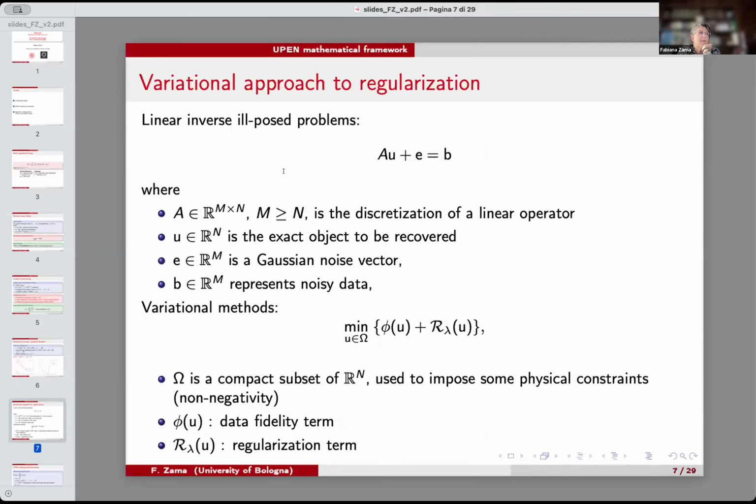So I represent these problems in a more general, more mathematical setting, where I define this linear operator A as a discrete operator. So actually it is a matrix which is obtained from the discretization of the linear operator. And we consider u as the object that we want to recover. e represents the discretization of the noise, and we assume that it is a Gaussian noise vector. And b represents the noisy data.